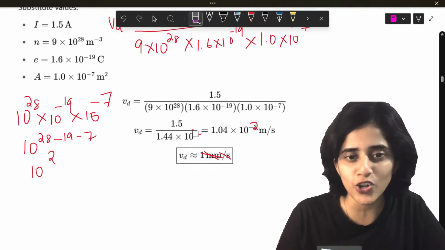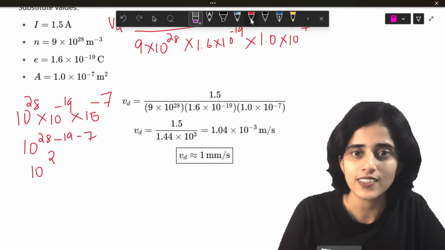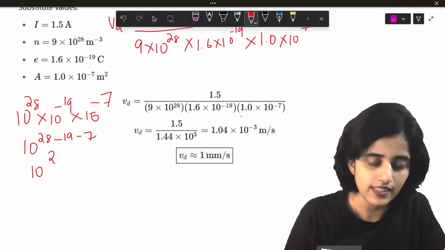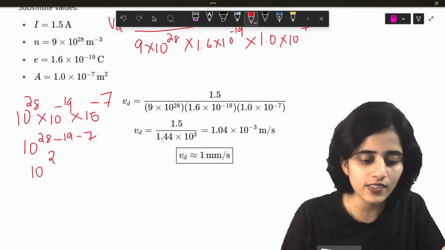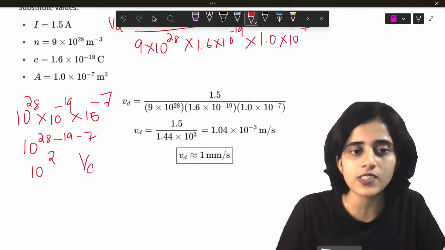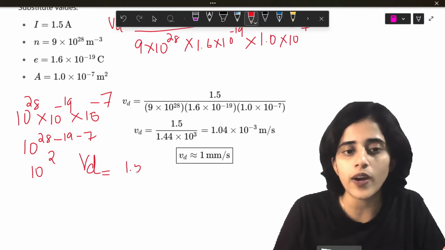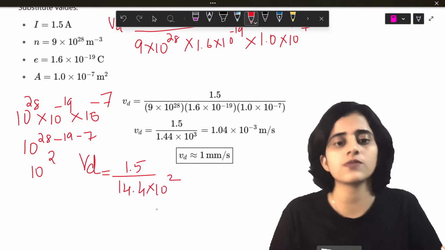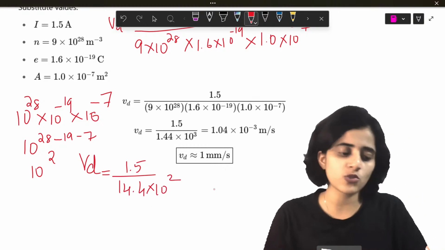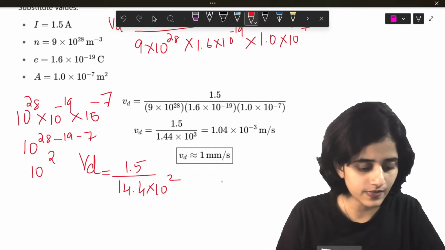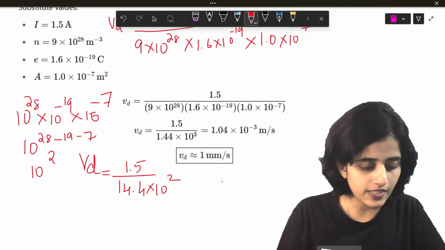Hey, this is actually not wrong, okay? This is correct only. When you do 9 into 1.6 into 1 you are getting 14.4, right? So you might get it as Vd is equal to 1.5 by 14.4 into 10 raised to 2. Same thing. There's no mistake here. Are you getting it now, Harshita?